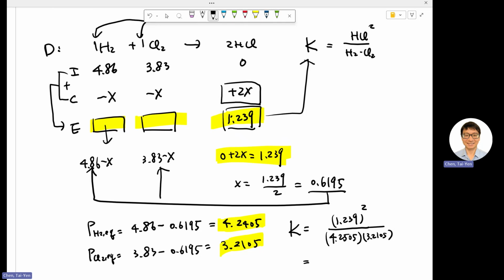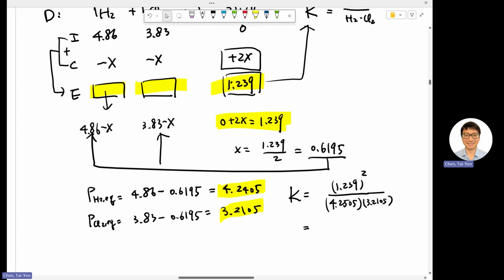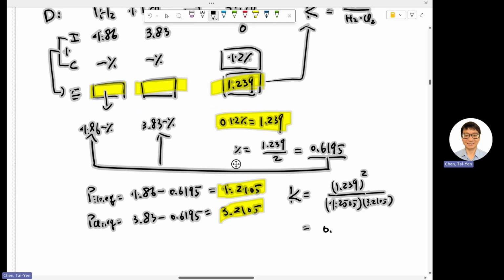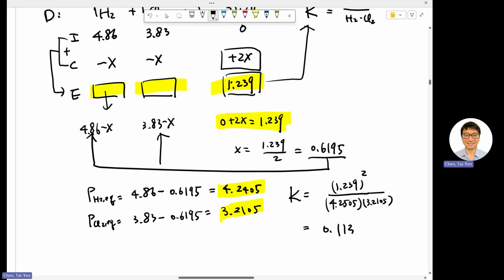If you do the calculations, you will get a value of 0.113, and that will be your Kp. So again, this is a question that requires you to really know where to put your numbers. Any questions for this?